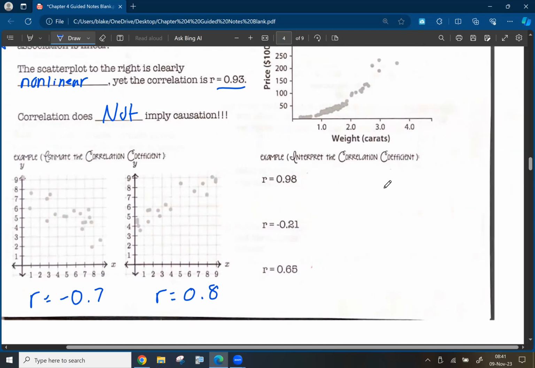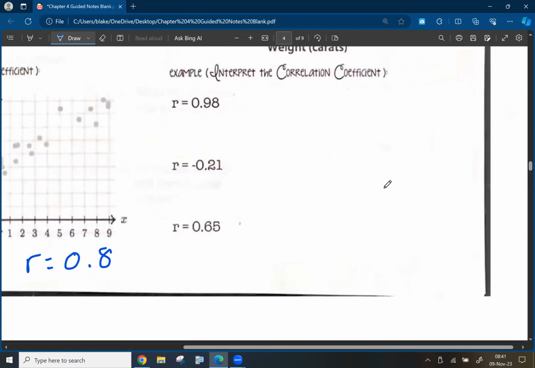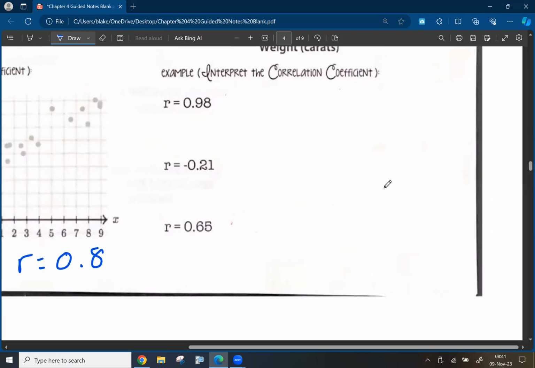All right, now we'll interpret the correlation coefficient. If we use data points, put them in a calculator, and get R equals 0.98, we would say this is a very strong positive relationship, positive correlation.